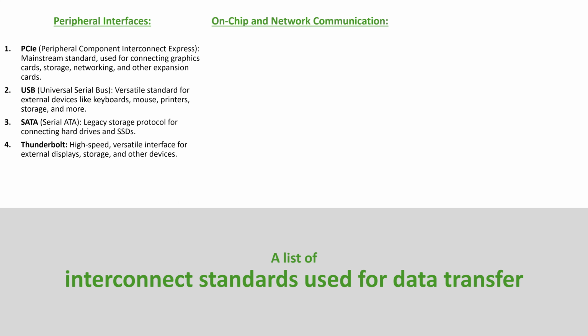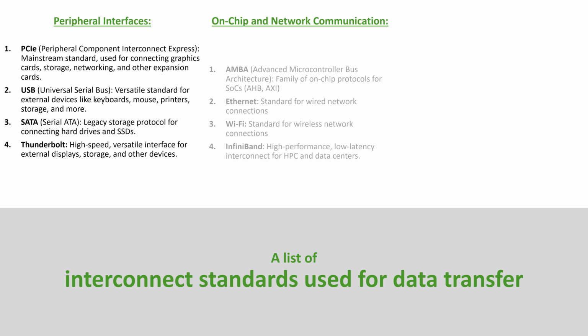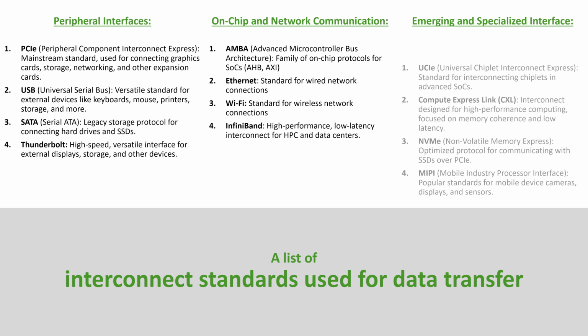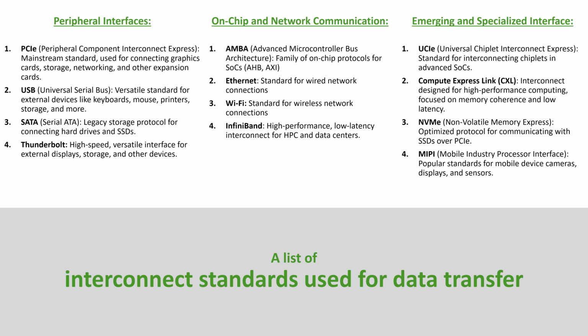Similarly, for on-chip and network communication, AMBA is an on-chip interconnect standard for data transfer on chip. Ethernet, Wi-Fi, and InfiniBand are used for network communication. Some more emerging and specialized interfaces are UCIe, CXL, NVMe, MIPI.